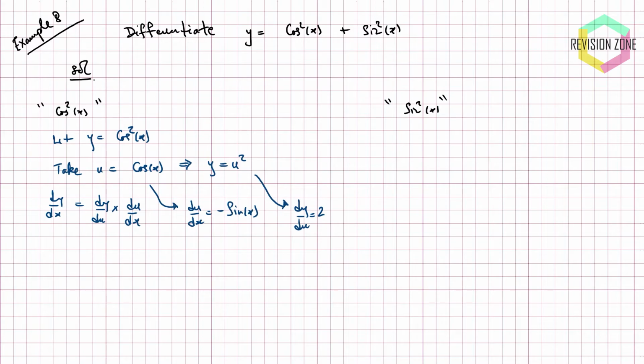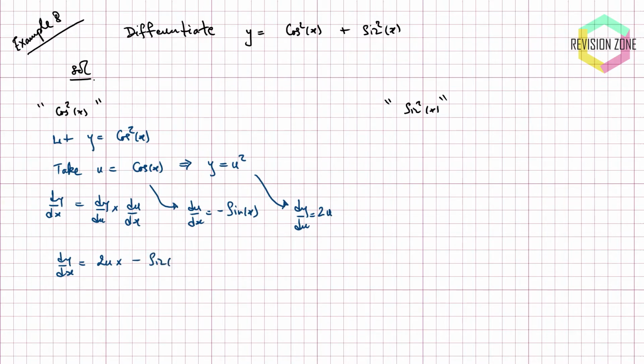So now that we have this, I go back to my description of the chain rule, and I put that in. What's my dy by du? That's just 2u. So let's write that down. And then what's my du by dx? Well, that's just minus sine x. So let's write that down.